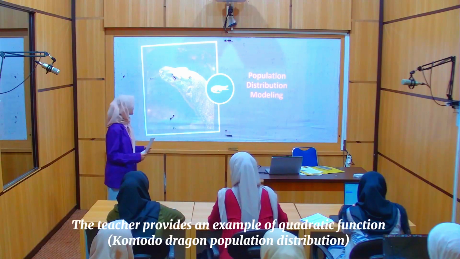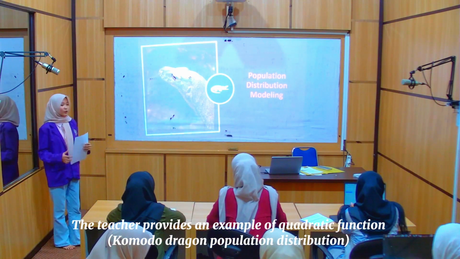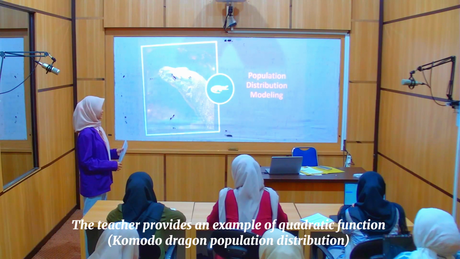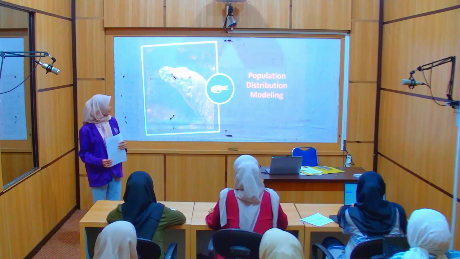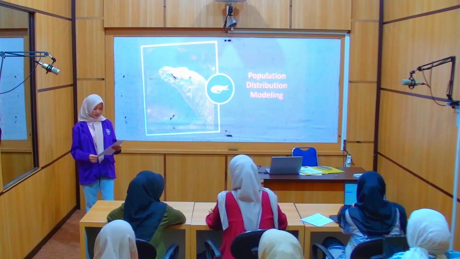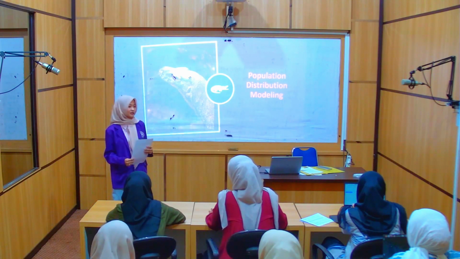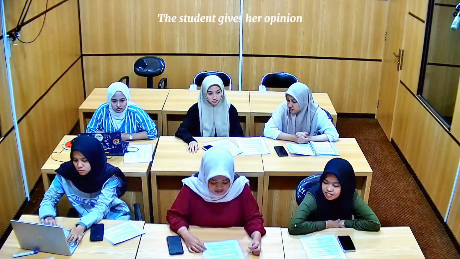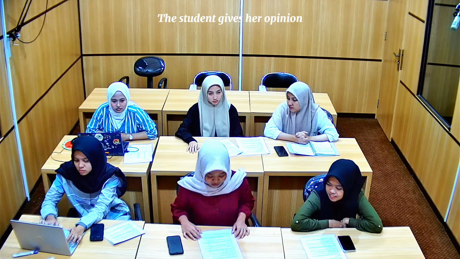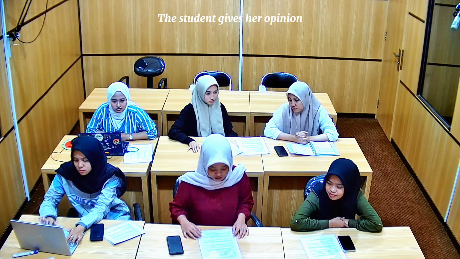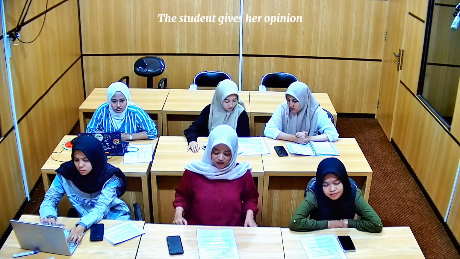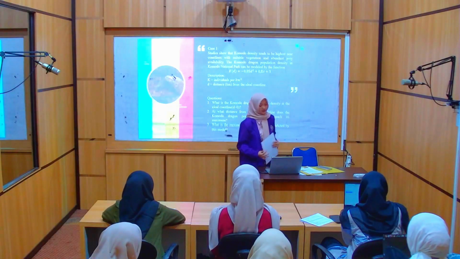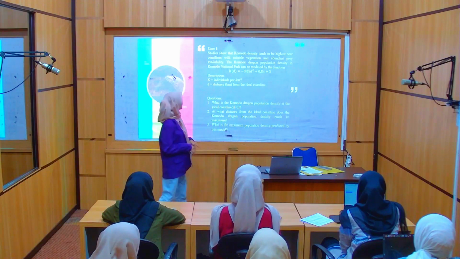Okay guys, let's look at a specific example of how quadratic functions are used in population distribution modeling. What animal is in the picture, and what do you think about the picture? Can Tantri give your answer to me? Yes, the animal is a Komodo dragon. I think we can use a quadratic function to model how the population of Komodo dragons is distributed in an area. Okay, good. Thank you, Tantri. Here is case study one.